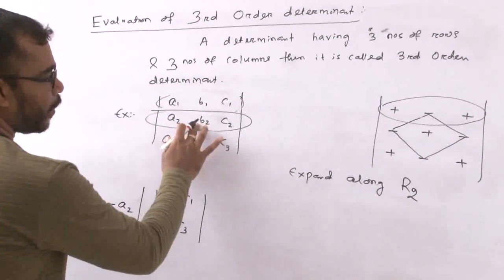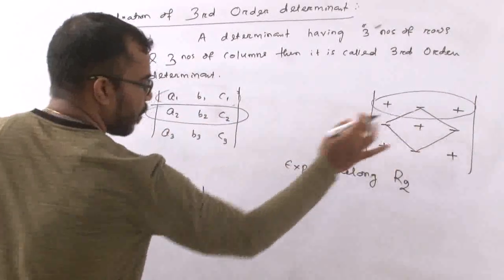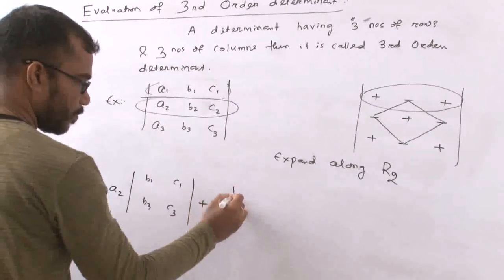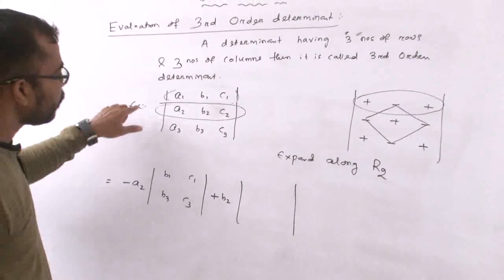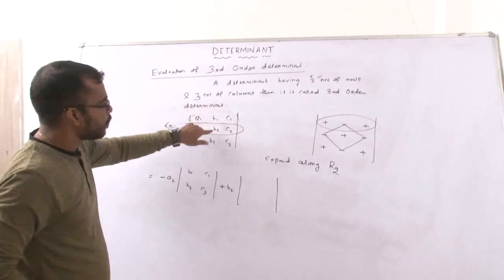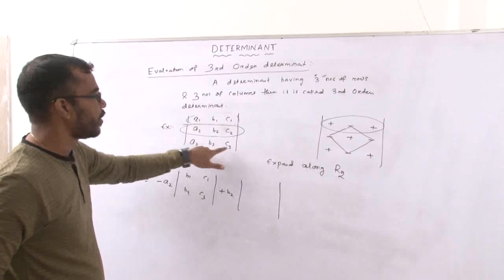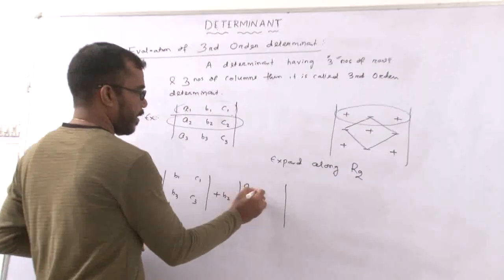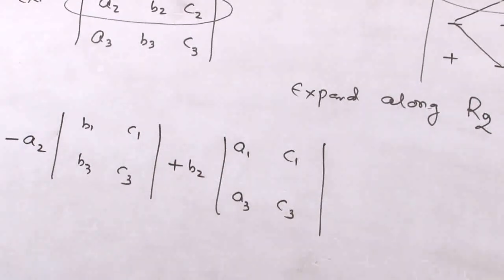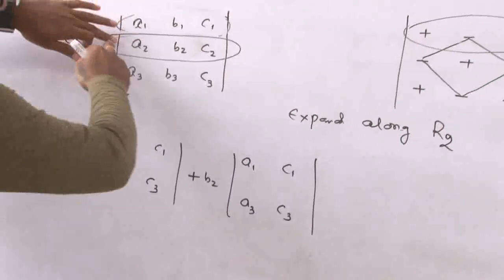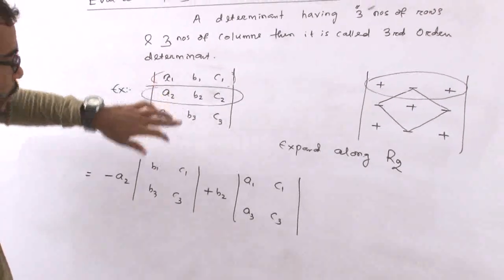Now another element of R2, that is B2, and the sign of B2 is positive, so plus B2. If we cancel the row and column containing B2, we get A1 C1 and A3 C3. That means we have to cancel the rows and columns containing the given elements.